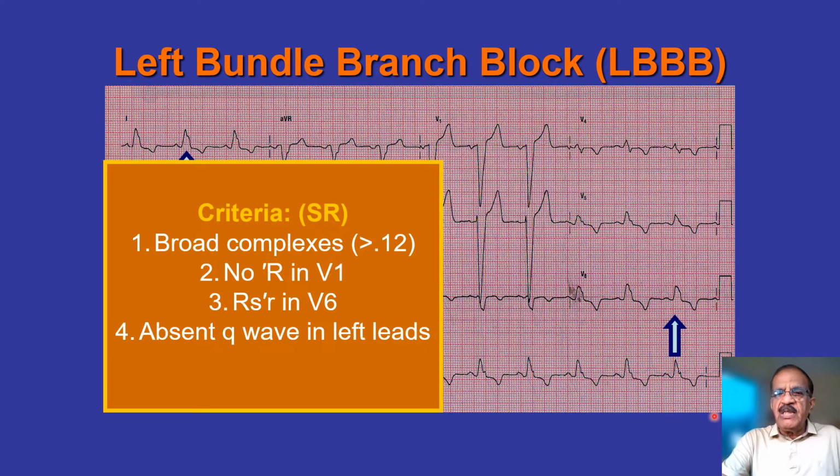Normal septal depolarization, which is shown as a small Q wave in the left-sided leads, may disappear. So that is another criterion. If you fulfill all these criteria, you can make a very definite diagnosis of left bundle branch block. Unlike right bundle branch block, left bundle branch block is usually considered to be a sign of some disease, either ischemic heart disease or some other heart problem.